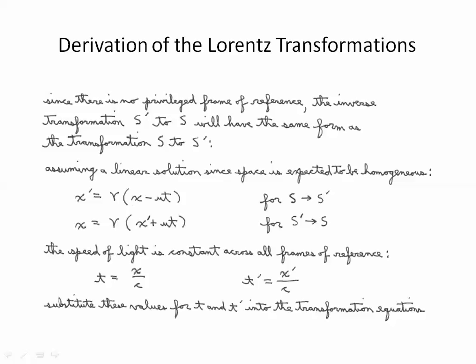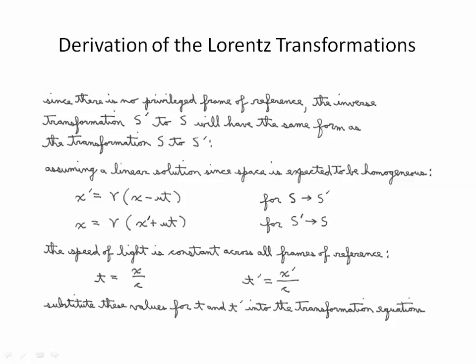For the light beam in both reference frames, we use the fact that distance equals velocity multiplied by time to obtain expressions for t and t prime in terms of c and x or x prime respectively.